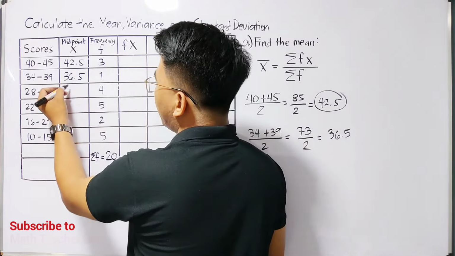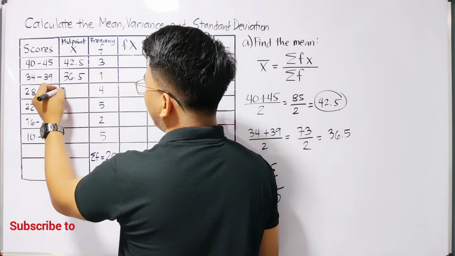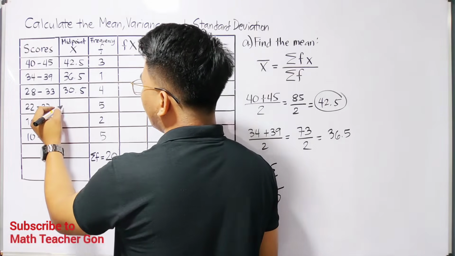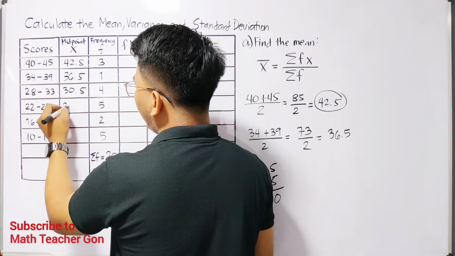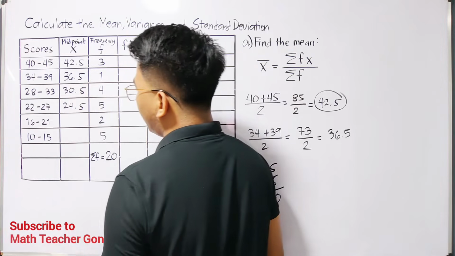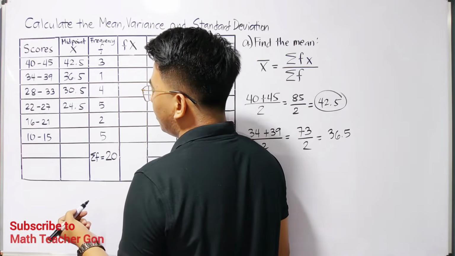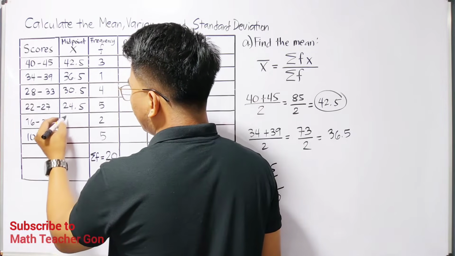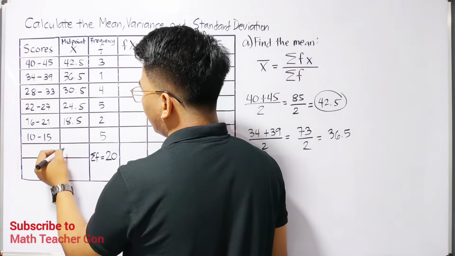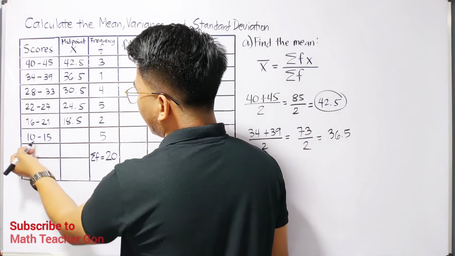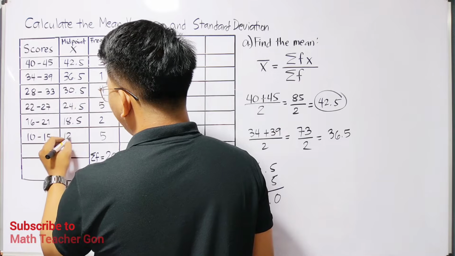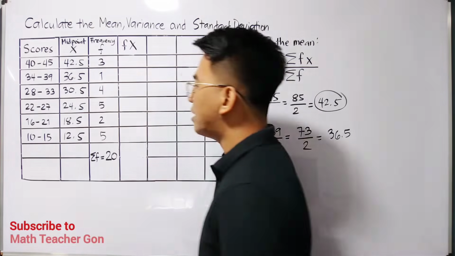So 36.5 minus 6 is 30.5. And for the next one, that would be 24.5, which is the midpoint of 22 to 27. And for 16 to 21, it is 18.5. Then 18.5 minus 6 for the midpoint of 10 to 15 is 12.5. So it is that simple, guys.